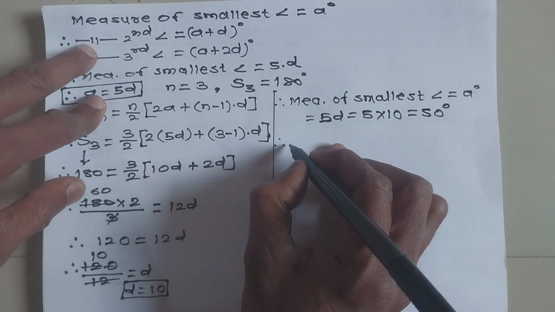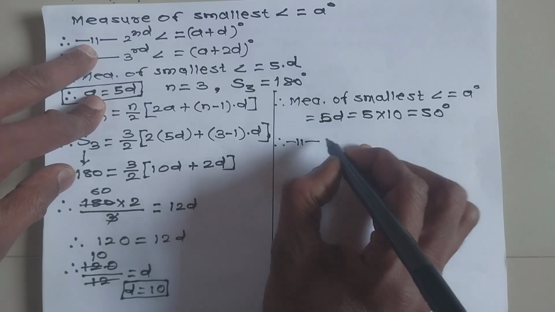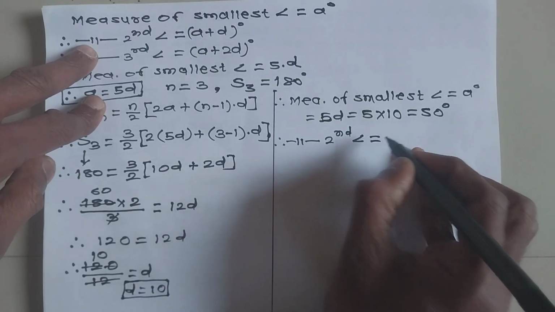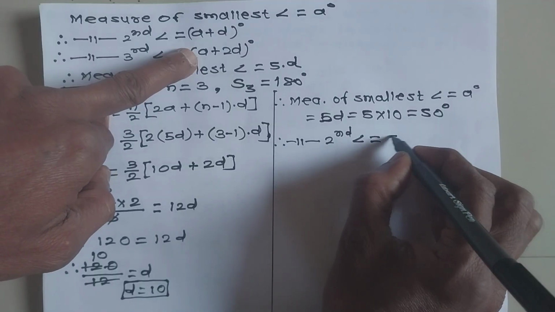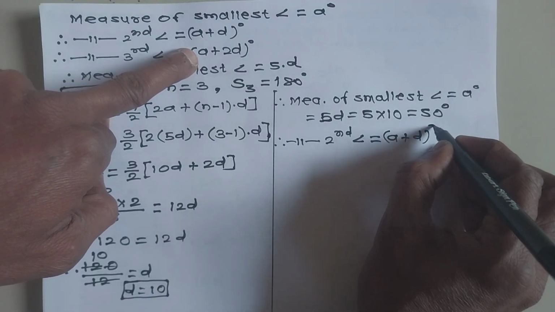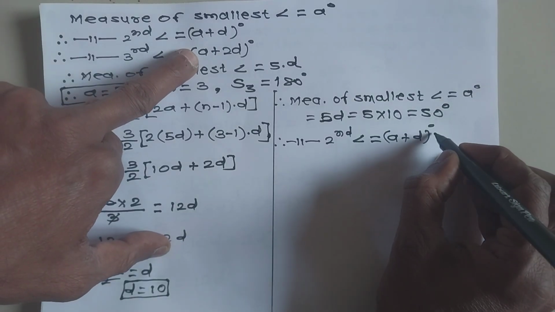Therefore, we will find the measure of the second angle, which is a plus d degrees.